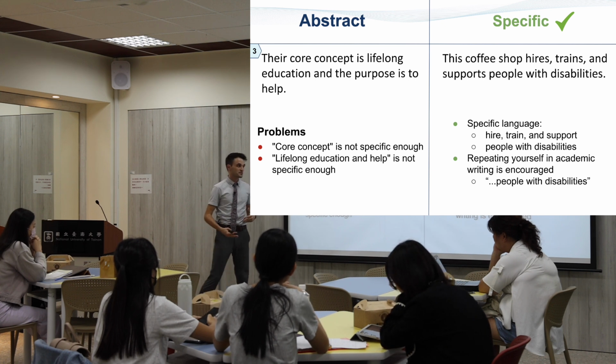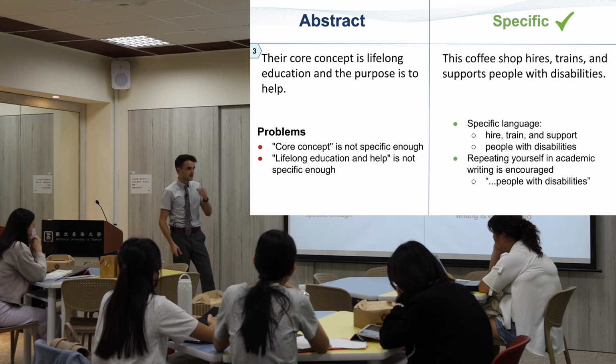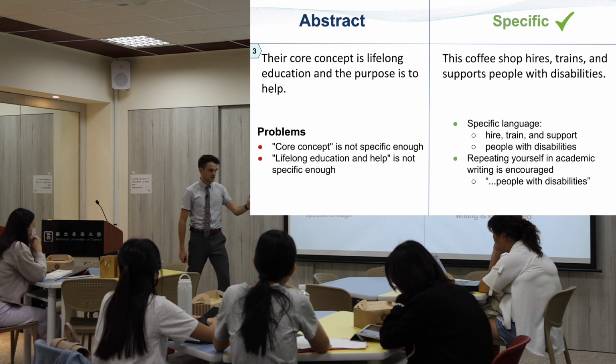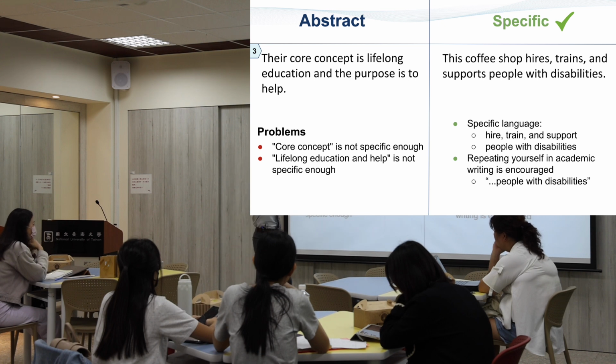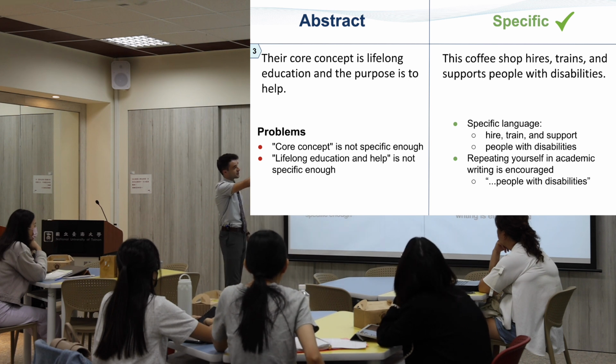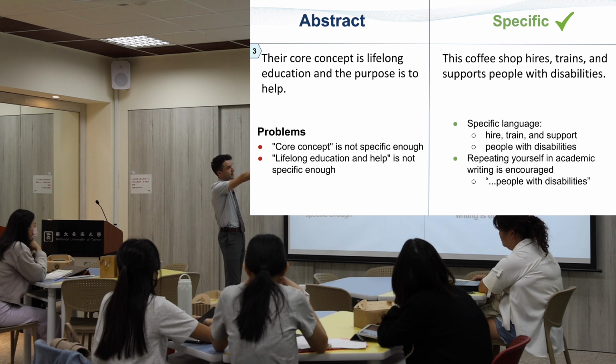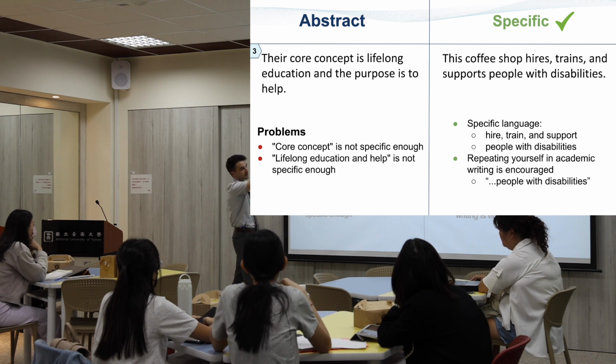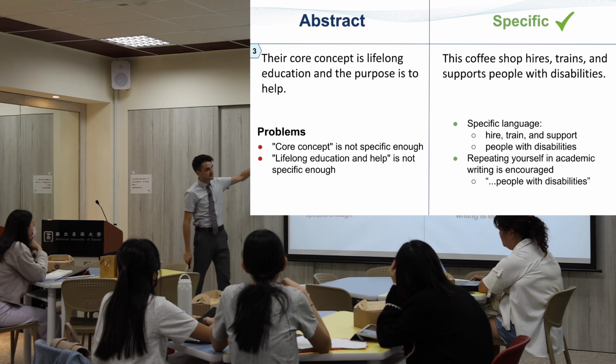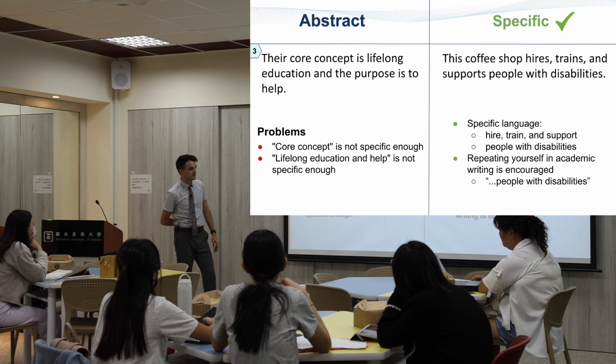So when you use people with disabilities again and again, it keeps the focus, right? And then you can read this sentence alone, and this sentence alone provides good information, right? Who's there? Why are they giving lifelong education and their purpose is to help? Help who, right? But now we know the coffee shop hires, trains, and supports people with disabilities. So I've changed this sentence into something completely different. There we go, people with disabilities.